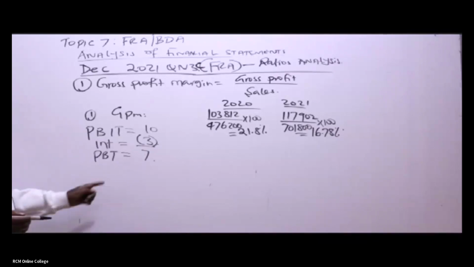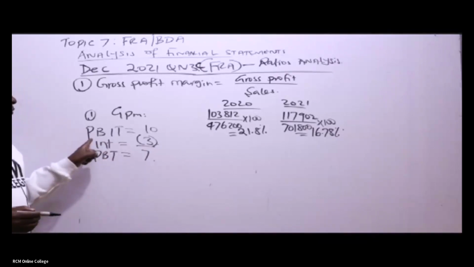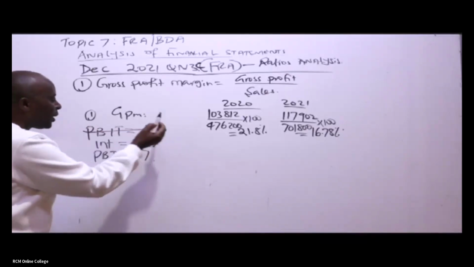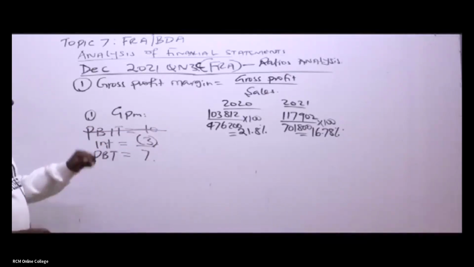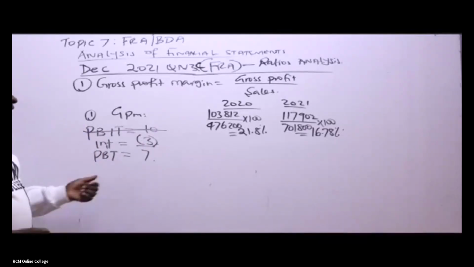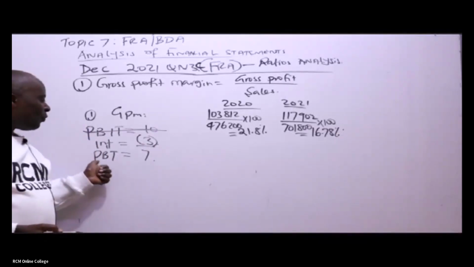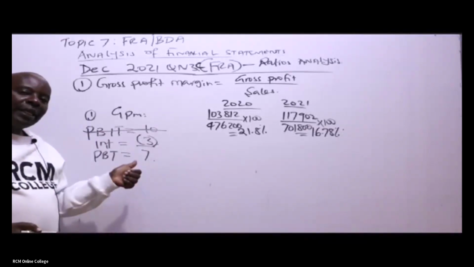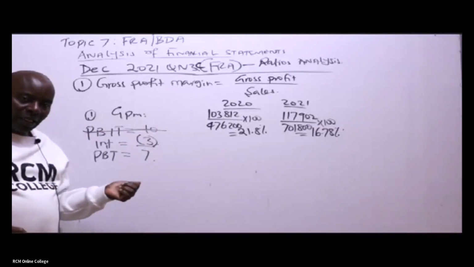Now this examiner, instead of giving you this, has given you the interest and PBT. So the question will be, how do you change PBT to PBIT? Very easy. Because this is profit before tax, it's after interest. So I want you to make it before interest and tax.